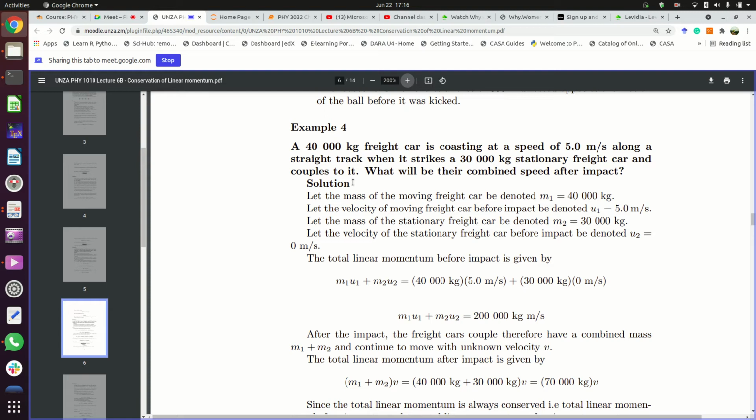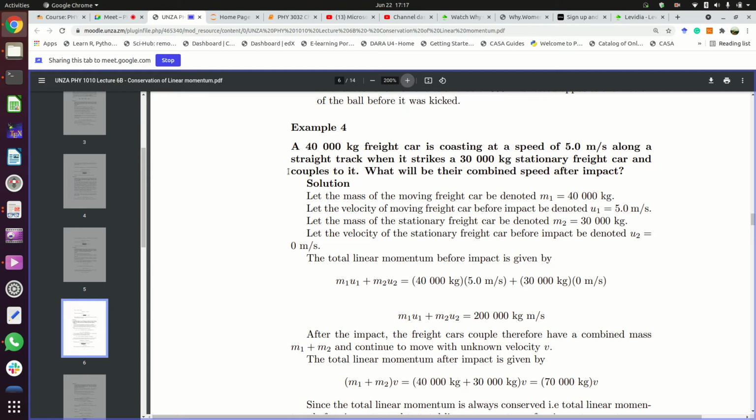So there is no external force acting on these objects to cause their velocity to change. So we assume that these objects always move at constant velocity up to just before the collision happens and after the collision happens.